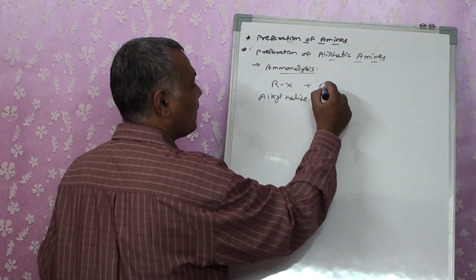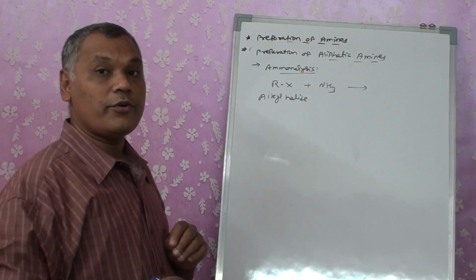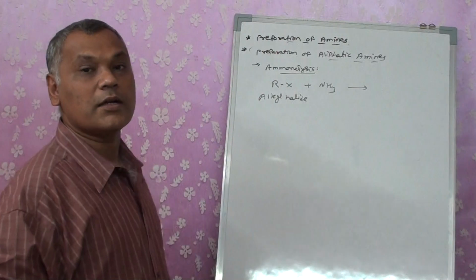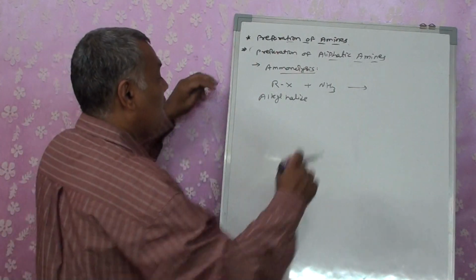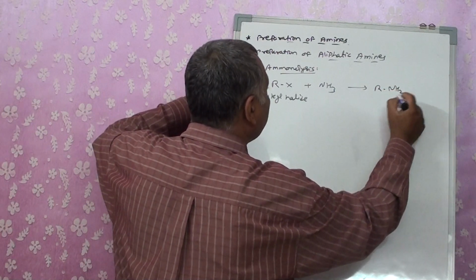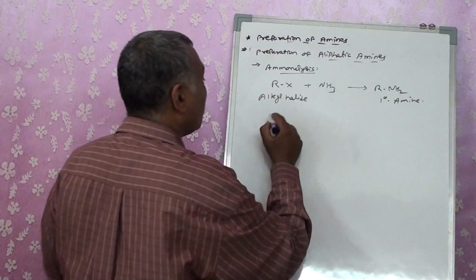reacted with NH3. Already we wrote it in the definition of amine: when hydrogen of ammonia is replaced by alkyl, we get aliphatic amines. We get RNH2, a primary amine. But it's not completed.